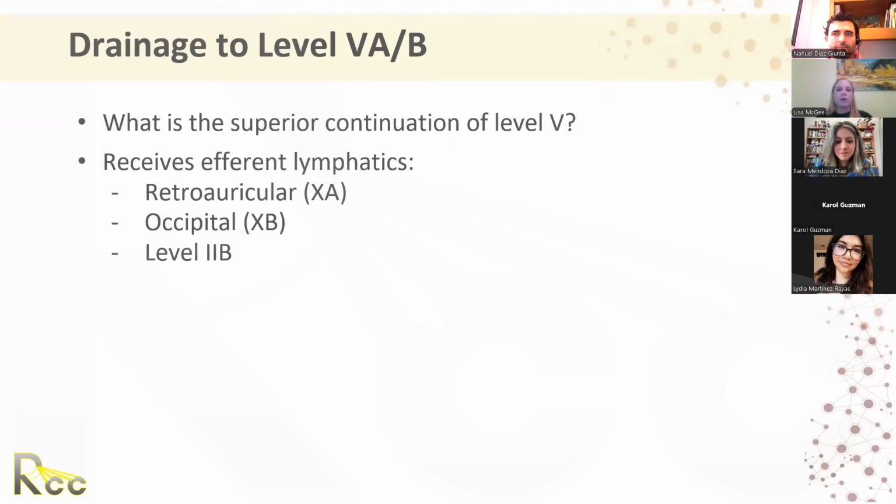As far as drainage to level 5, what would be the superior continuation of level 5? So as we were saying earlier, level 5 is the posterior triangle. So this means that it receives efferent lymphatic drainage from the retroauricular nodes, that's 10A, the occipital nodes, that's 10B, and then also level 2B.